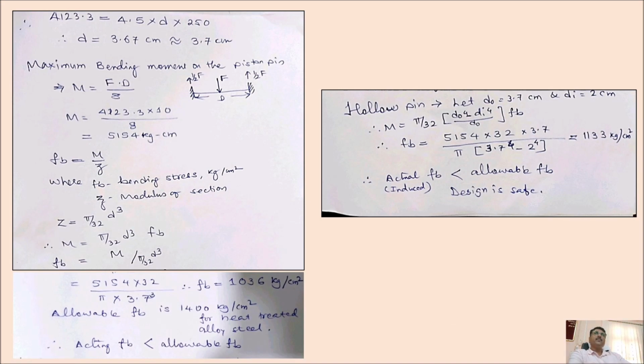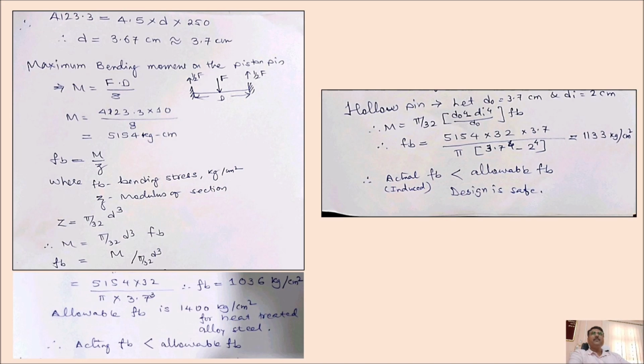Substituting the values of different parameters, diameter of piston pin is 3.67 centimeter, and that is 3.7 centimeter. Now the piston pin is to be checked for bending failure.